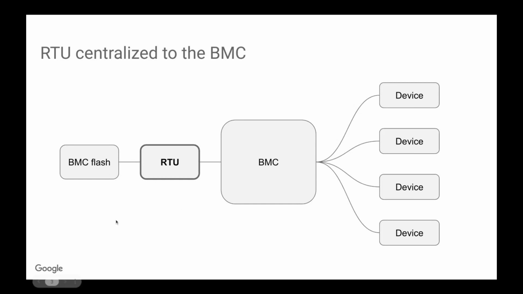So I think what we're trending towards is anytime you have non-volatile storage where, if it gets corrupted, the platform cannot boot or recover itself, we like to put an RTU component in front of that thing to make sure that its contents remain valid.